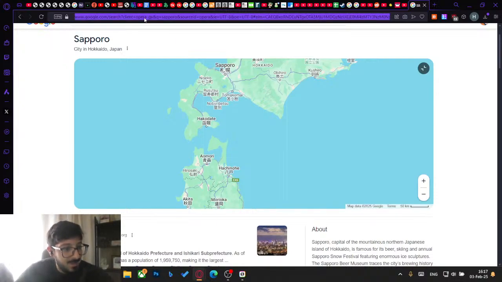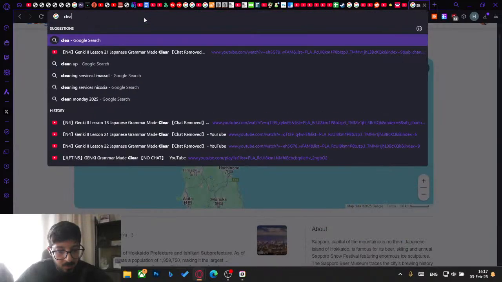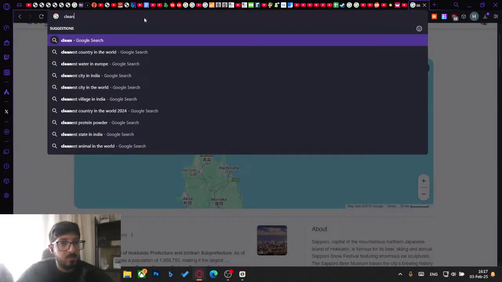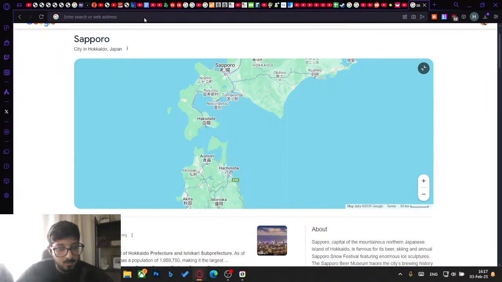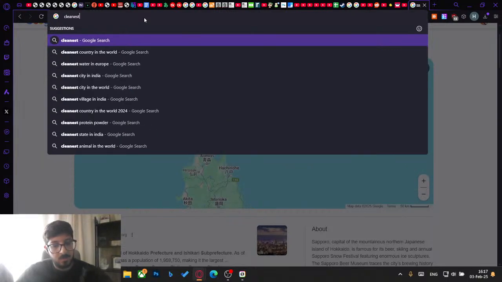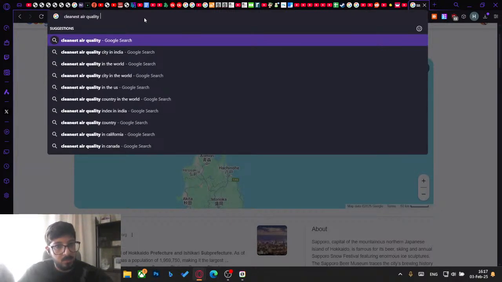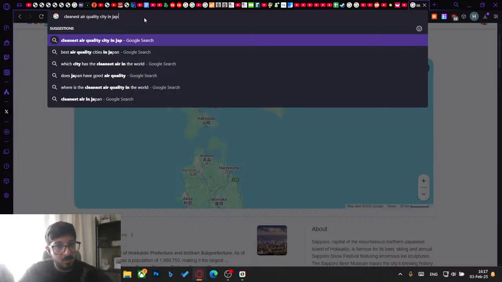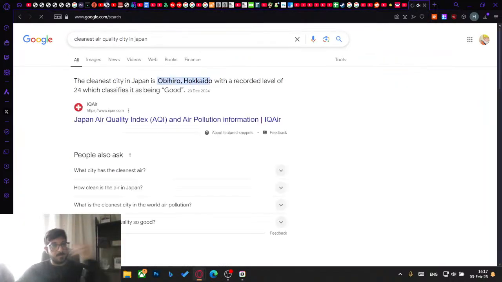No, it has the cleanest air. Cleanest air quality city in Japan. Japan index. Oh, Hokkaido. Yes, Hokkaido. That's what I saw. Yes. Obihiro.